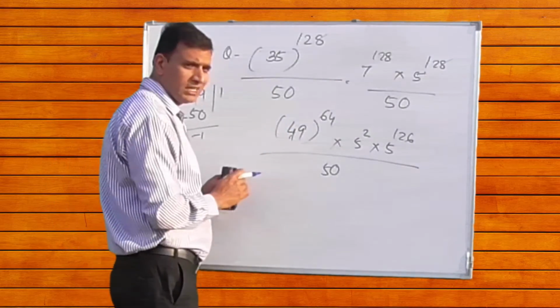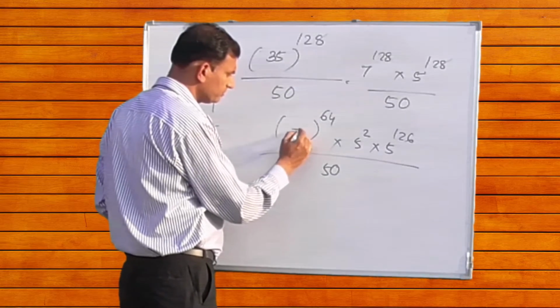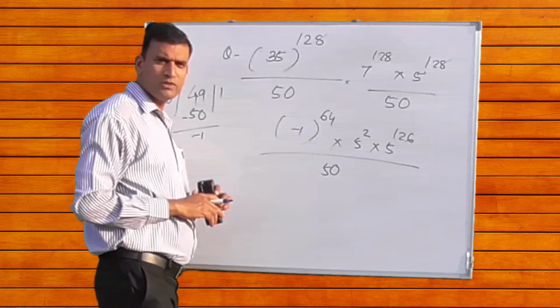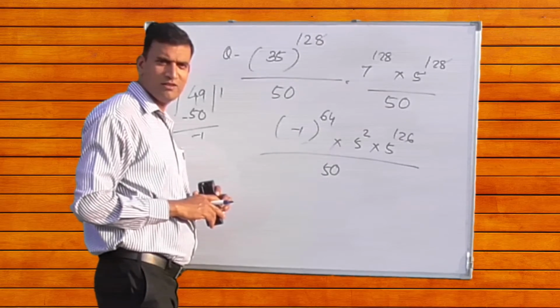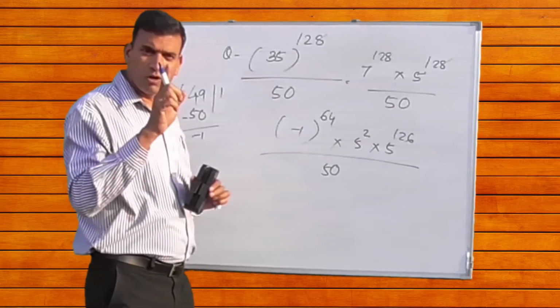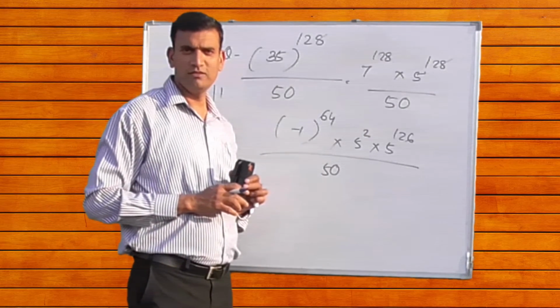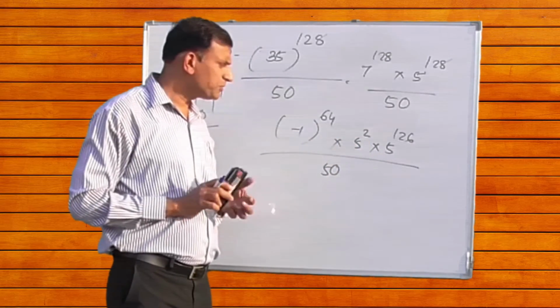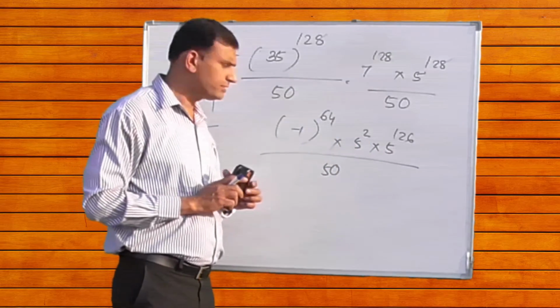So here I can put minus 1. Minus 1 to the power 64 equals plus 1. So this whole part will give you 1 as the result. Now the remaining part is 5 squared into 5 to the power 126.